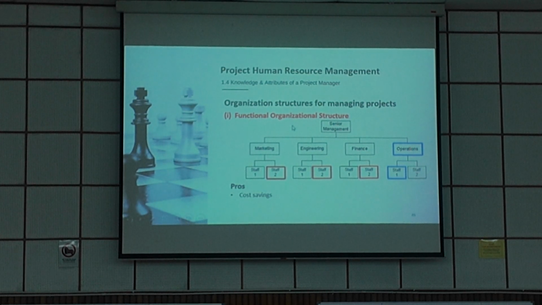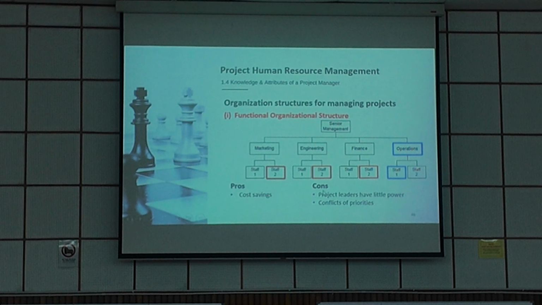So functional organization structure, advantage, cost saving. You make use of existing staff to handle the project, so no additional staff required, and you don't need to hire new people to do this job.